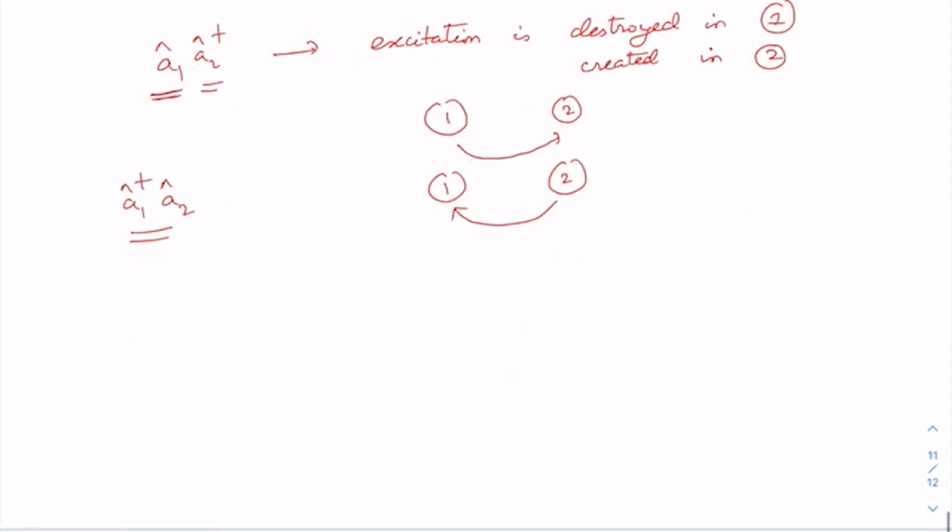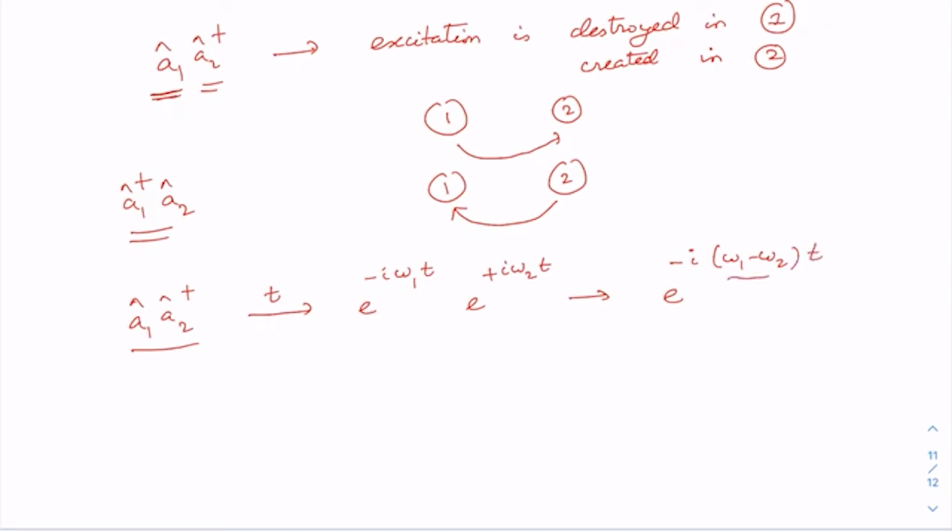So these two terms are called resonant terms, because we already know how the annihilation operator or the creation operator evolves in time. a1 will evolve like e to the power minus i omega 1 t, and a2 dagger will evolve with plus i omega 2 t. So overall this whole combination would evolve as e to the power minus i (omega 1 minus omega 2) t.